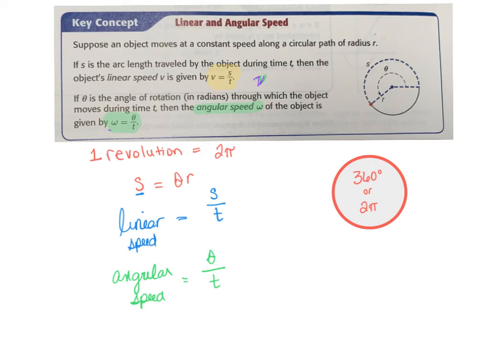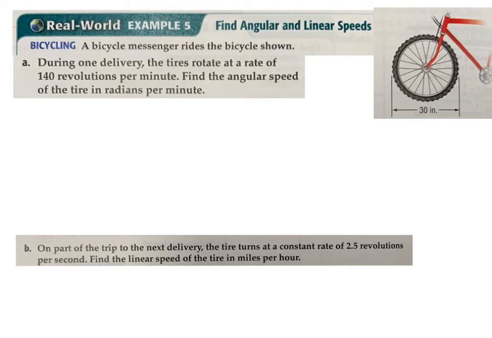And then this one is your omega, the Greek letter omega. In your book, a lot of times it'll just say find it, and they'll just give you the nu for the linear speed or the omega for the angular speed, and you just need to know that they're asking for angular speed or linear speed based on the Greek letter that they gave you. So just pay attention to that in your instructions.